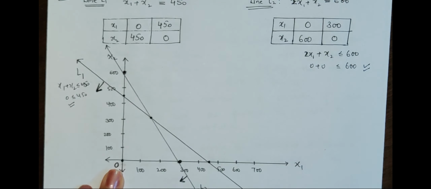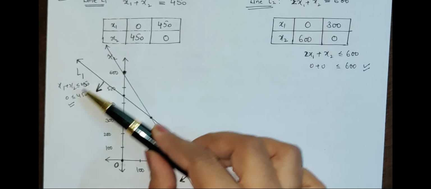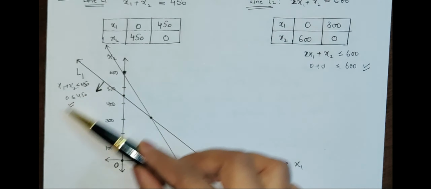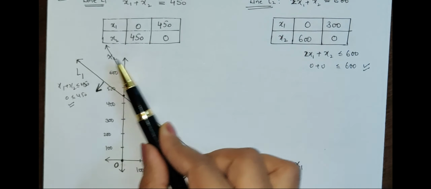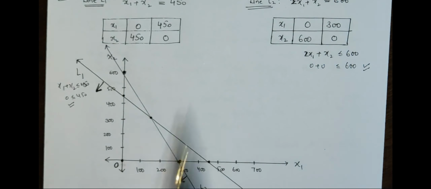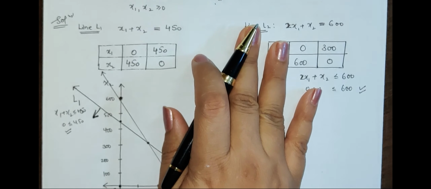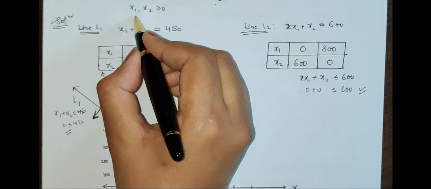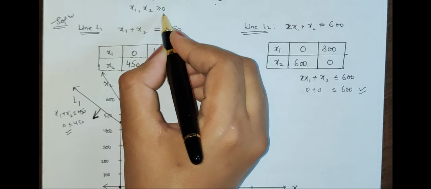So now I have to see the common region for both lines. What I saw is that below the line L1 is favorable, and below the line L2 is favorable. And last but not least, don't forget the non-negativity restriction: x1, x2 greater than or equals to 0.